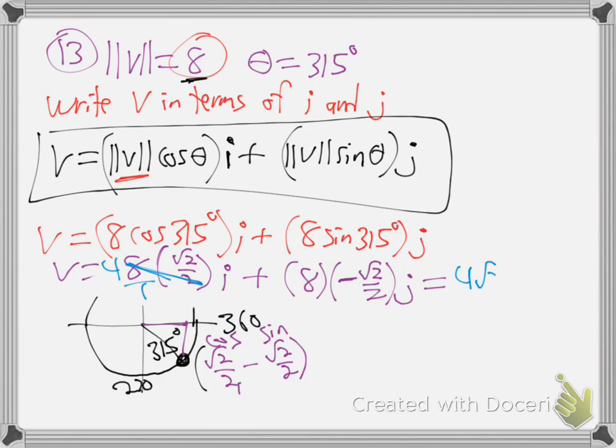So this would be 4 root 2 i, plus 8 over 1. 2 goes into 8 4 times. Oh, minus. It's going to be minus. Minus 4 root 2 j. There it is. 4 root 2 i minus 4 root 2 j. That's vector v.